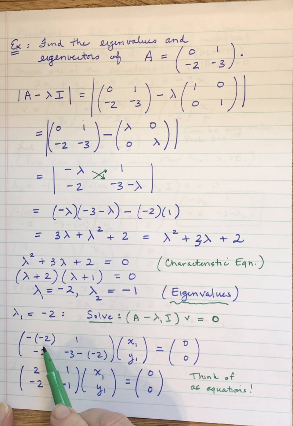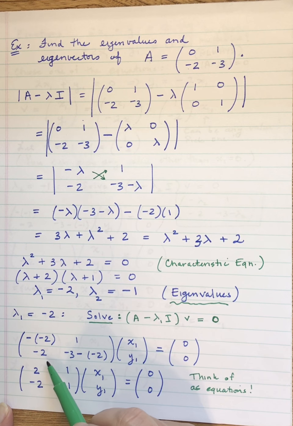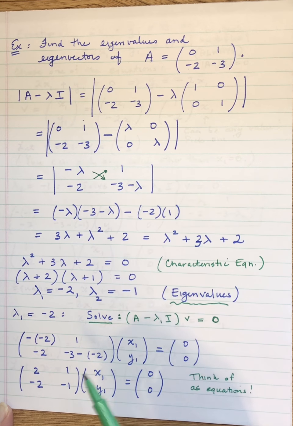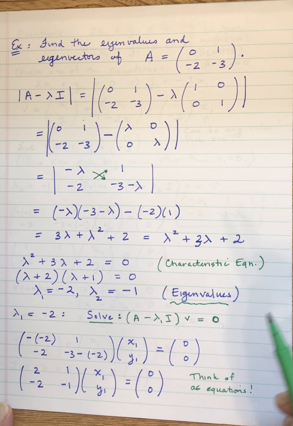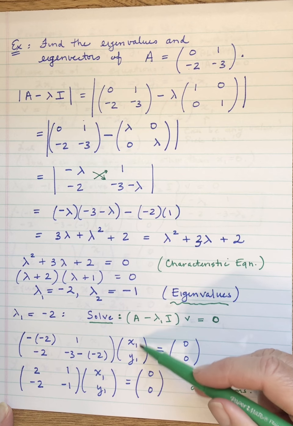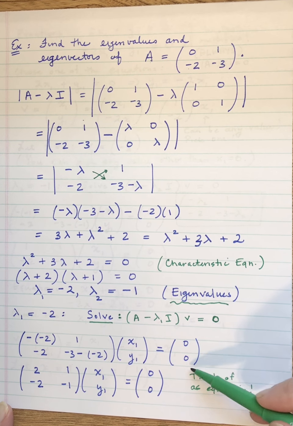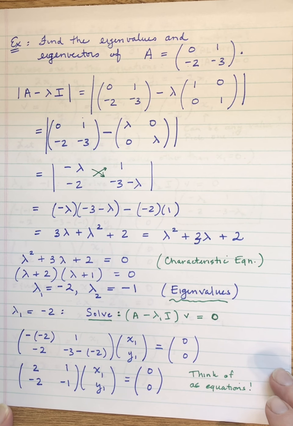So we get the negative of negative 2, we get 1, we get negative 2, and we get minus 3 minus negative 2. And we're just going to call the eigenvector this vector with x sub 1 and y sub 1, and this is our 0 vector.